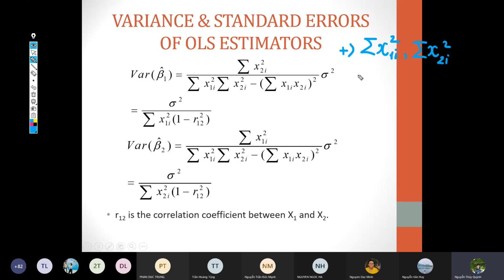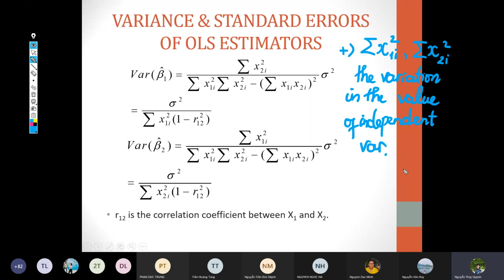We call it the variation in the value of the independent variables. How does it affect the variance of the OLS estimators?